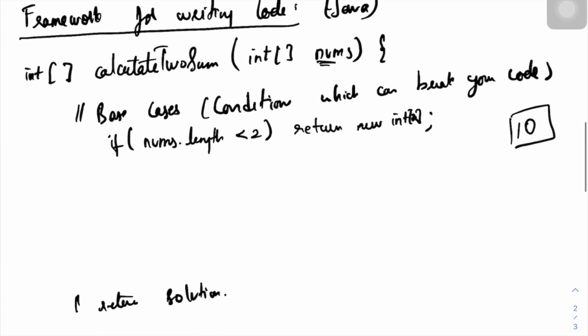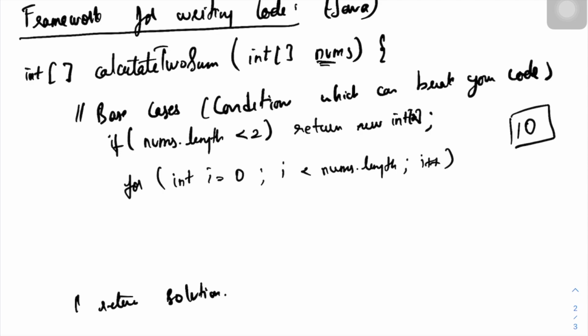So we can take two loops where i starts from 0, and we have another loop for the second pointer. Our i is our first pointer and j is our second pointer. j is always i plus 1.